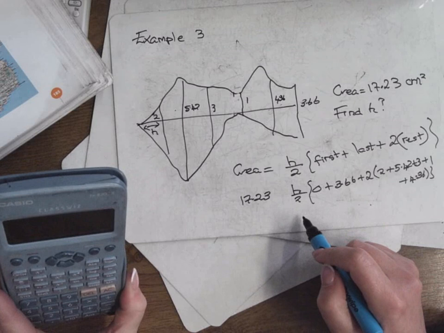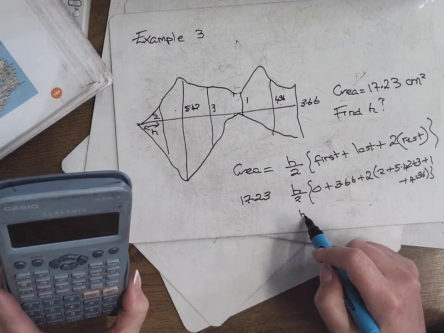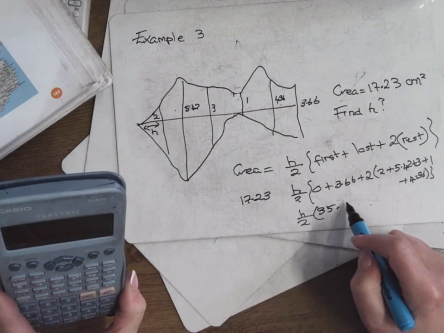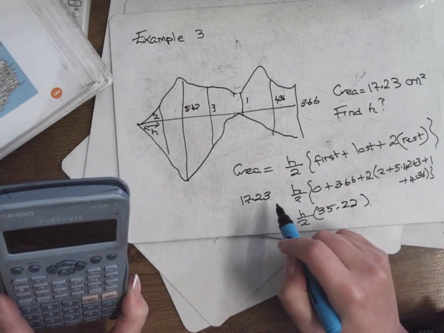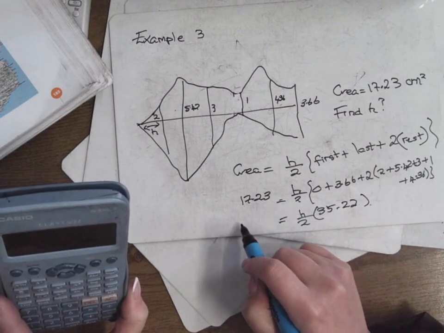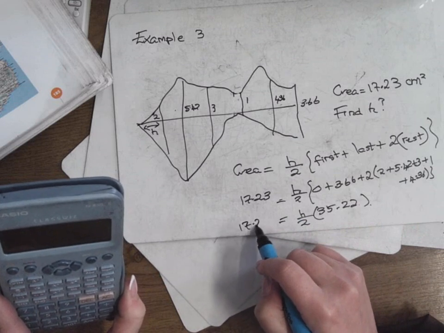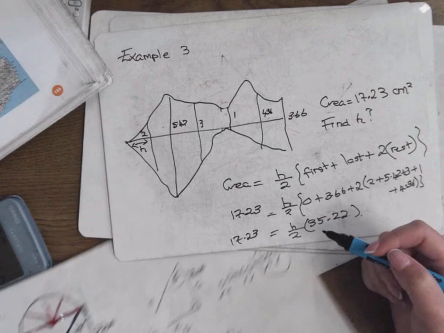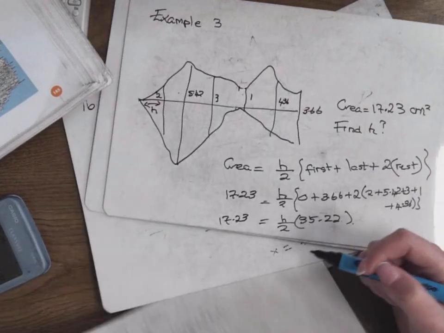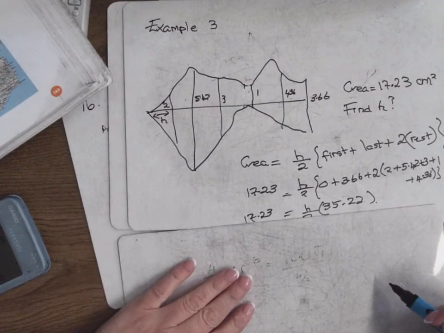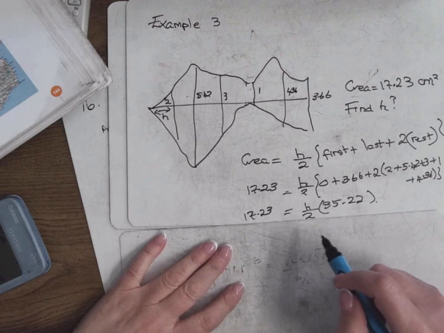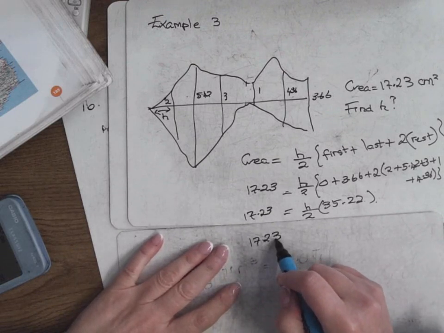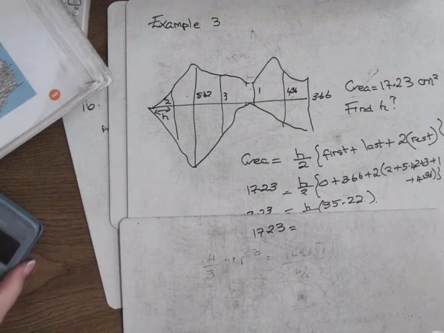when you work out inside in the bracket, it's h over 2 times 35.22 equals 17.23. Okay, so I might as well multiply in by a half there, seeing it's on my calculator.